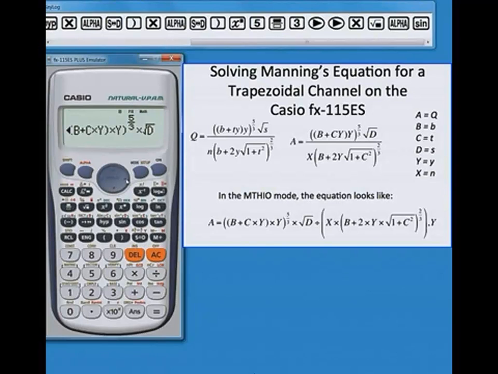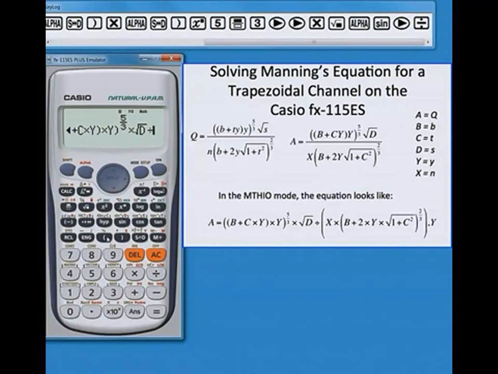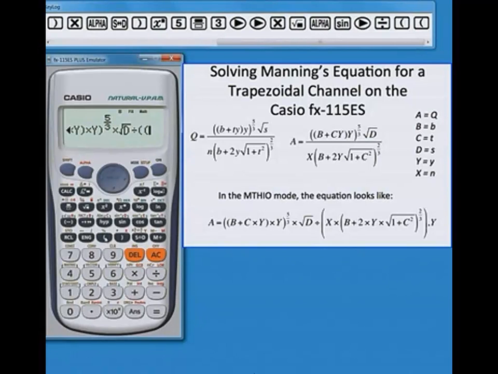Hit the right cursor control to get out from underneath the radical, and then divide by the denominator, and I need a couple parentheses to make sure the operations get done in the correct order. Whoops, I only need one to begin with.